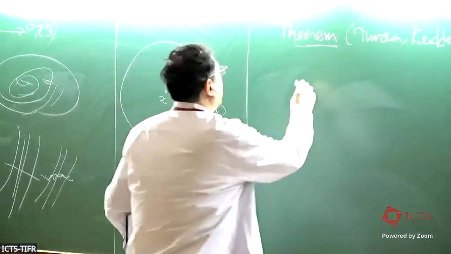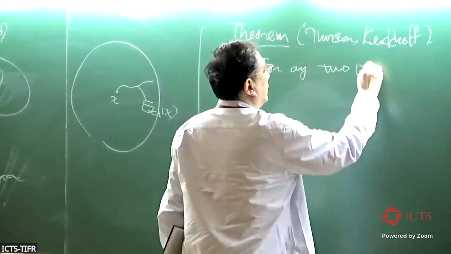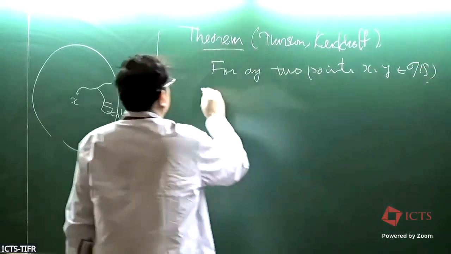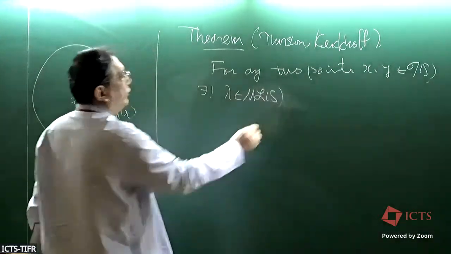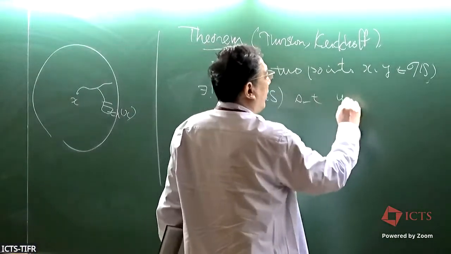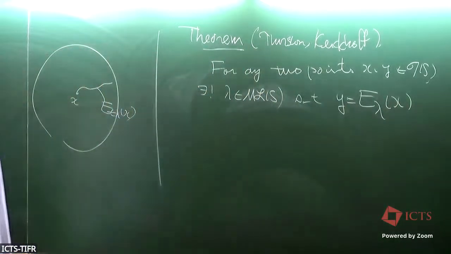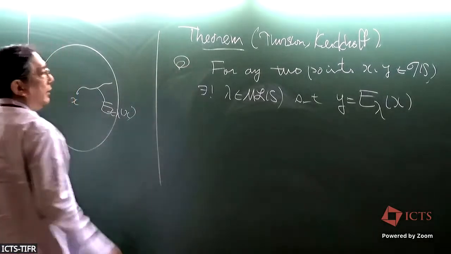So for the Thurston theorem, for any two points X and Y in the Teichmüller space, there exists a unique measured lamination λ such that Y is the image of the earthquake along λ from X.